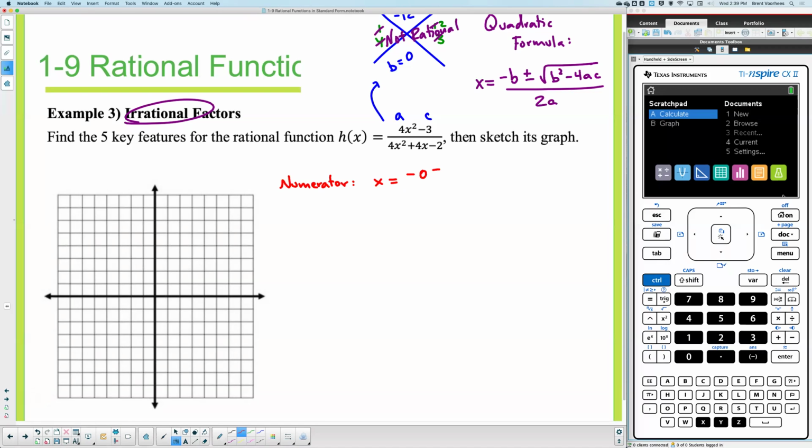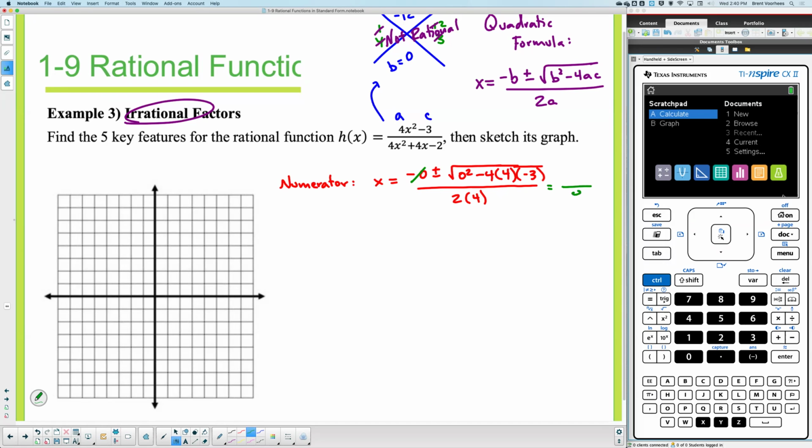So it's negative 0 plus or minus square root of 0 squared minus 4 times my a. What's my a? 4 times my c. Negative 3. All this is divided by 2 times a. What's my a? 4. Okay. This I can start simplifying. Negative 0, that just cancels out.